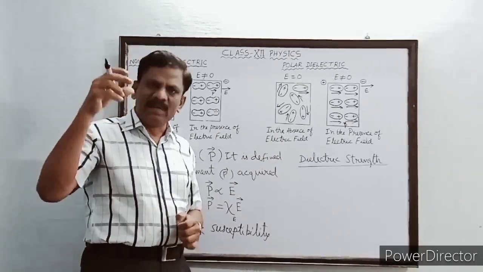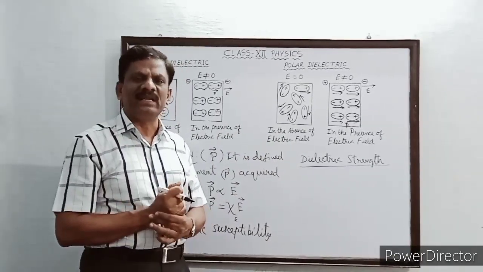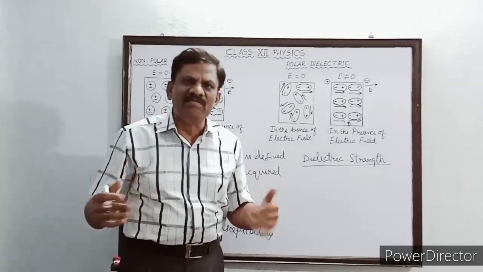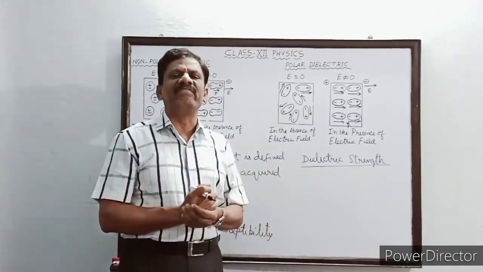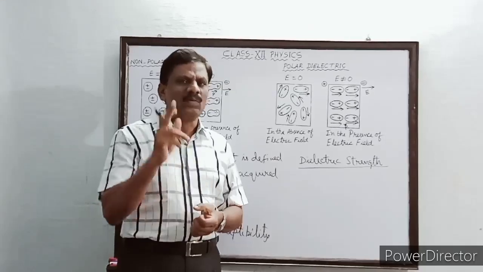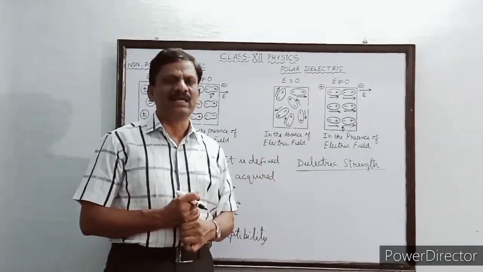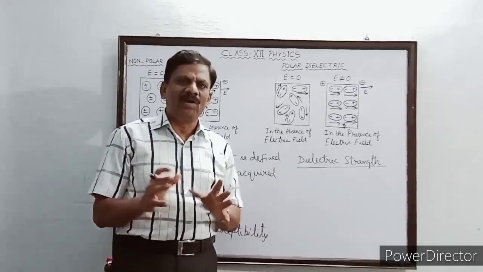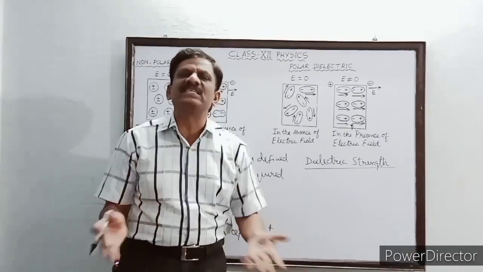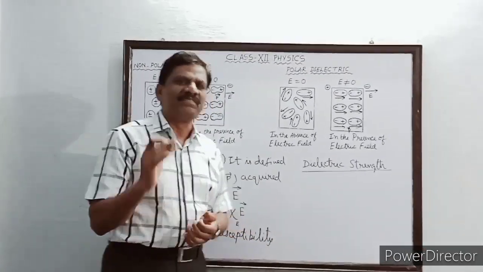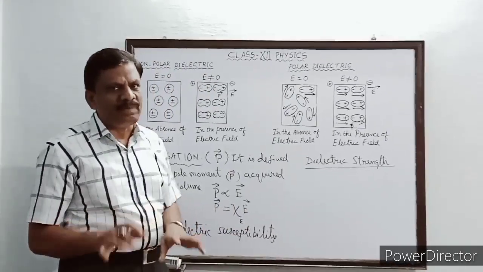Suppose you place a dielectric inside the electric field and continuously increase the strength of the electric field. What will happen? At one stage the molecules of the dielectric will break and all the bound charges will become free charges, and such a phenomenon is called dielectric breakdown.